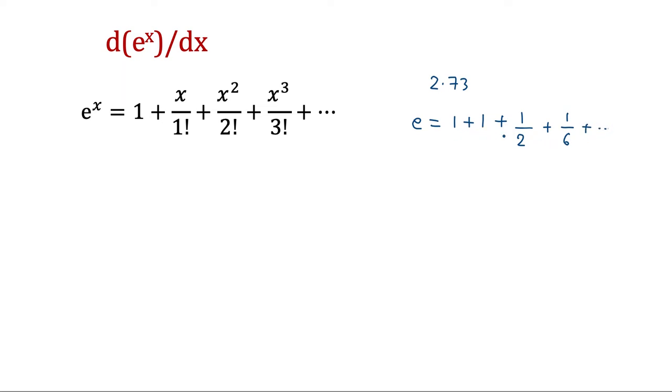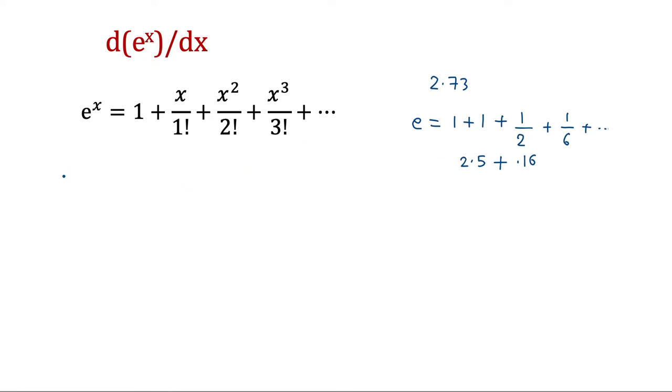So 1 plus 1 is 2, plus 0.5, 2.5, and 1 divided by 6 is 0.16, so it becomes 2.66, and then we will have 1 divided by 24. So again that will contribute something. So you see this value getting closer and closer to 2.7. So this is how you can find the value of e also.